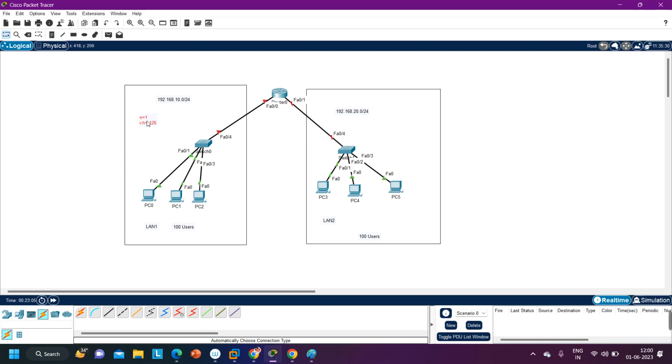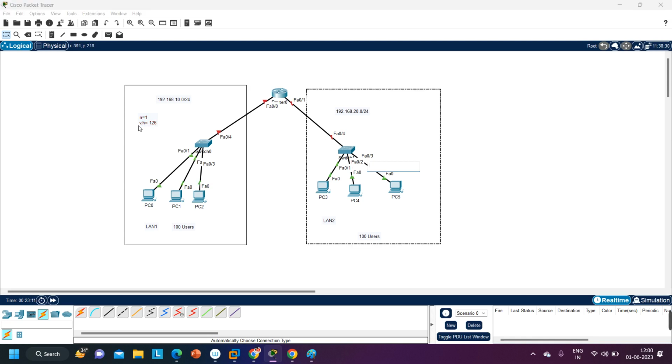So you will get 126 IP addresses over here and 126 IP addresses in this network also. This time your network ID will be what? For that you need to find the block size. The subnet mask will be 255.255.255.128, so the block size will be 256 minus 128, that is 128.